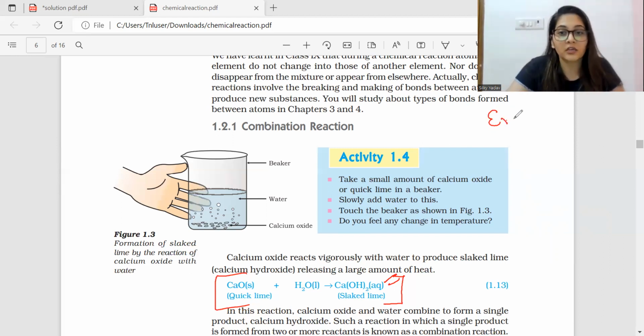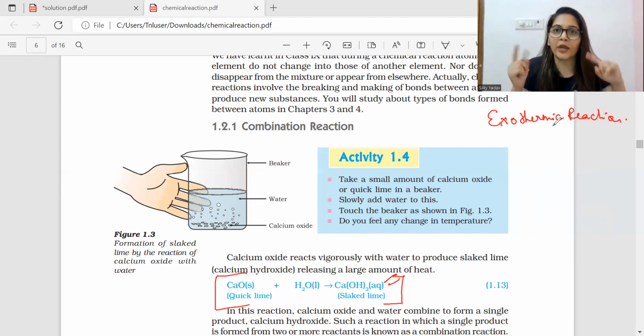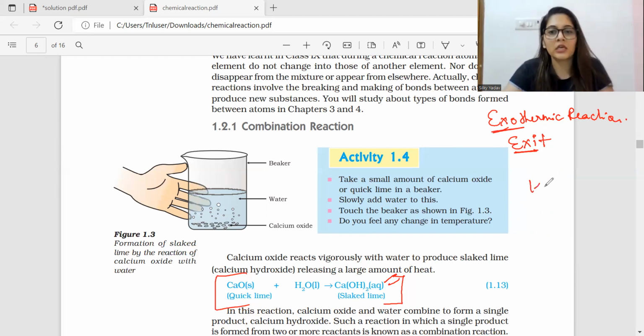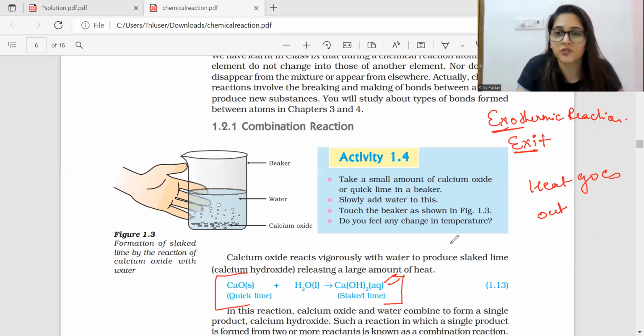What is the meaning of exothermic reaction? Some of the students get confused, ma'am, when to use exo and endo, which one is going to give the heat out and which one is going to take the heat in. So just simply learn one thing: exit. Exit means go out, move out. So exit and exo, same. So in exothermic reactions, the heat is going to go out, out of the container where the reaction is taking place.